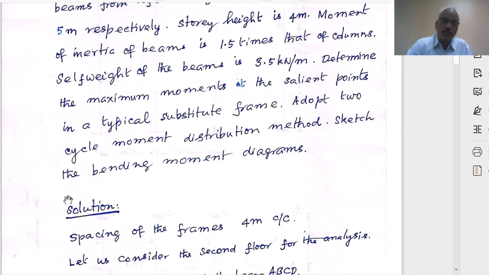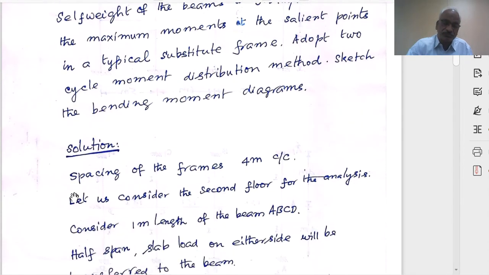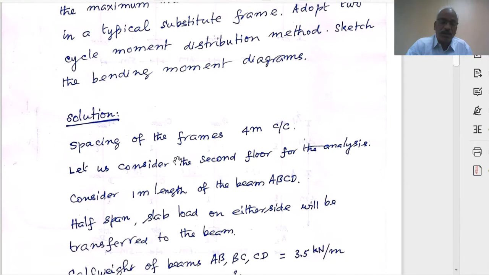Right. Now coming to the solution, spacing of the frames. Let us consider the second floor for the analysis. We have seen in the figure. Consider 1 meter length of the beam ABCD. AB is 7 meters, BC is 6 meters, and CD is 5 meters.